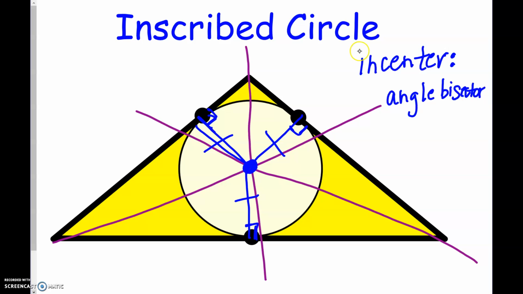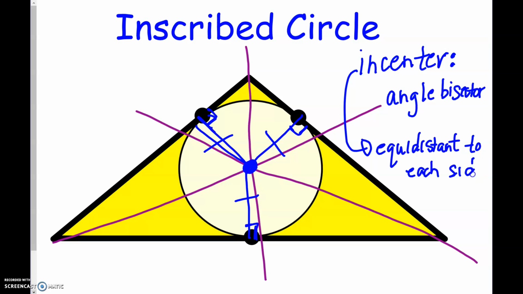And what's special about it is that it is equidistant to each side. The in-center is equidistant to each side. And this time, when you do your point and you connect, the circle's inside.